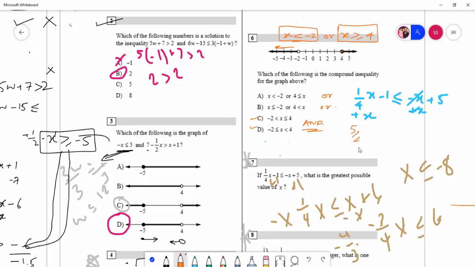So it's 5 over 4x minus 1 is less than or equal to 5. Adding 1 to both sides, you will get 5 over 4x is less than or equal to 6. And then multiplying with 4 over 5 to both sides, you will get x is less than or equal to 6 times 4, 24 over 5. That means x can have the highest value as 24 over 5, and that is the answer.